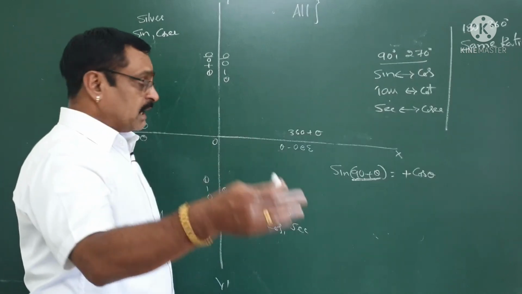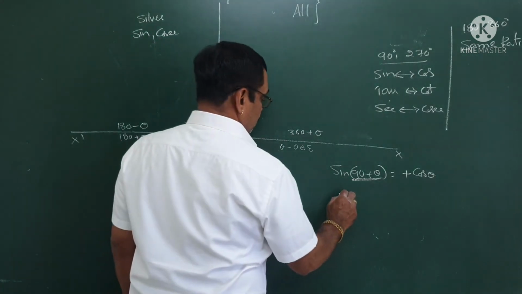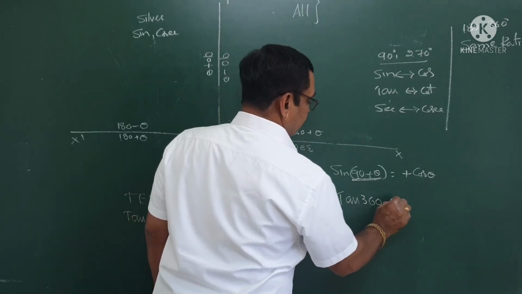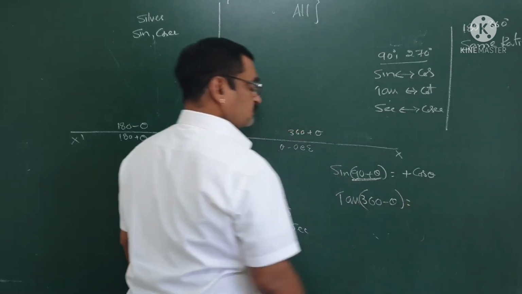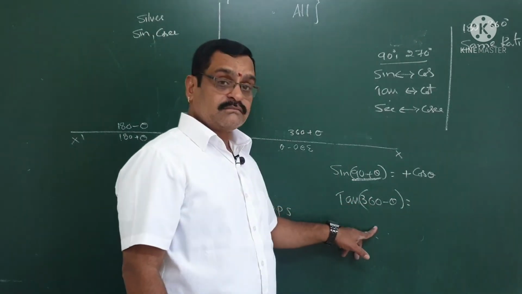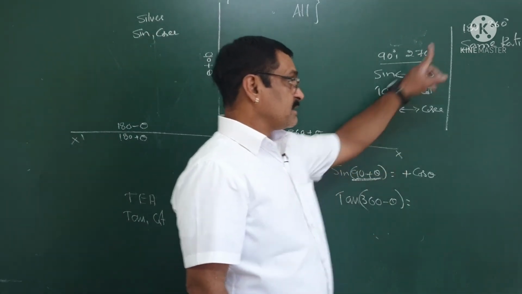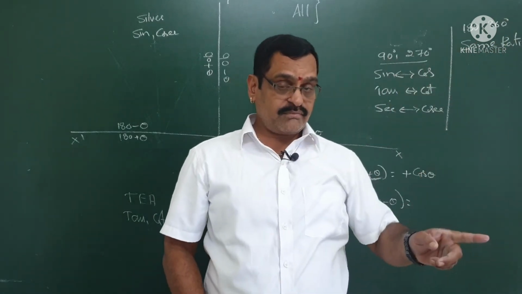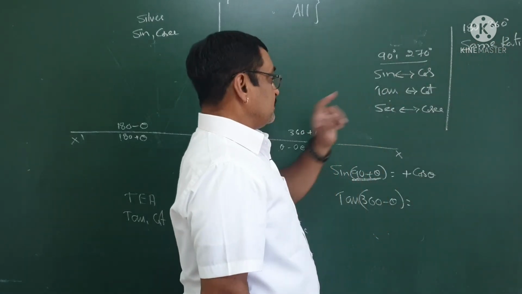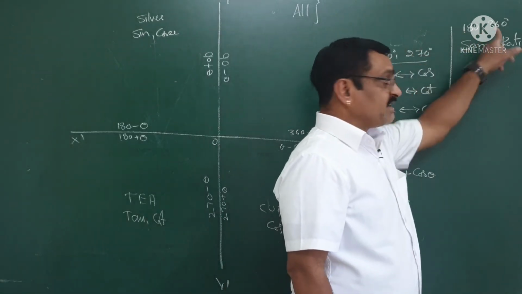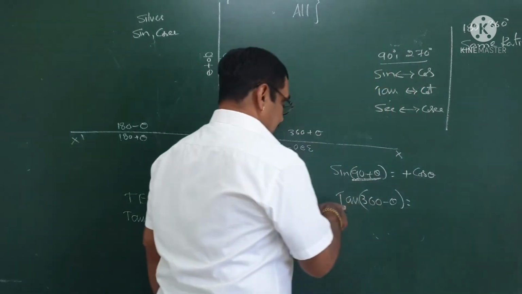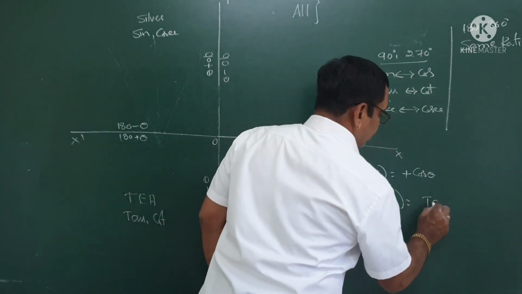Now, I want to do another example. Say, for example, I want to do tan of 360 minus theta. Now 360 comes here. X remains X, Y remains Y. So whenever 180 or 360 is given, the result is the same ratio. That means here tan is given, it produces again tan theta.